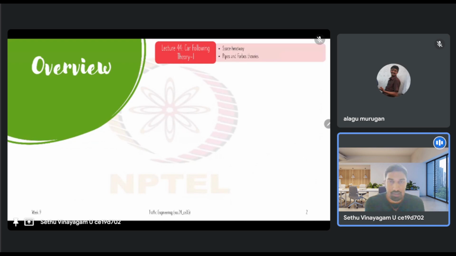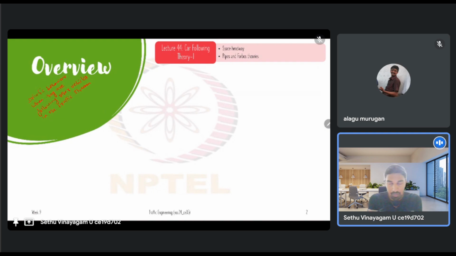Okay. So what is car following? In car following models, what we are trying to replicate is the driver's behavior when they are following other vehicles in the traffic stream, right?